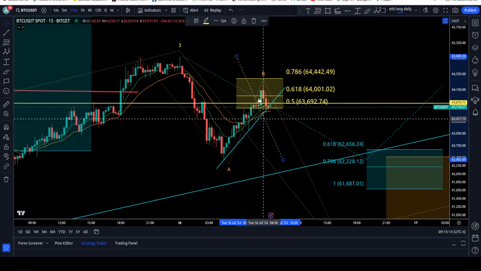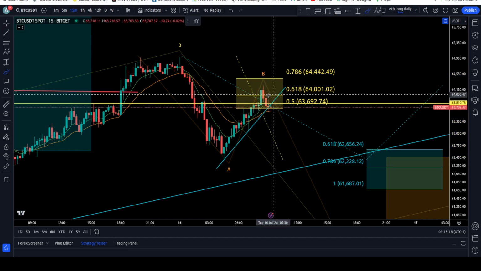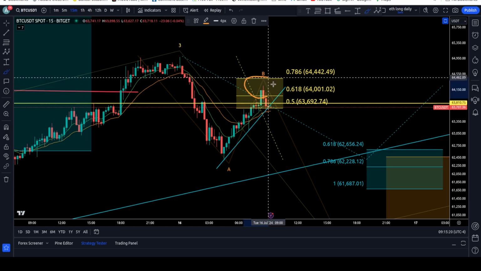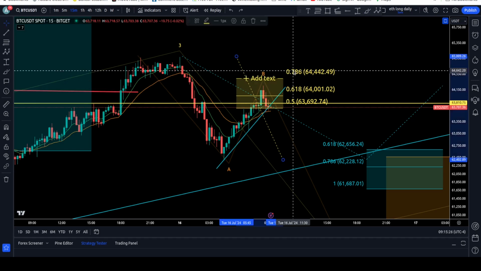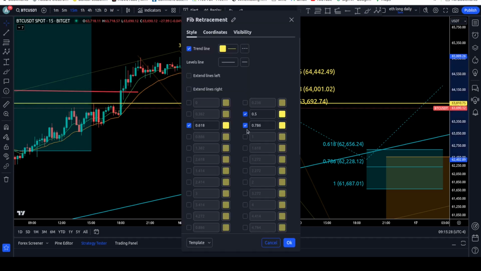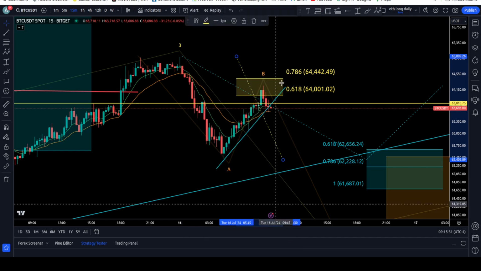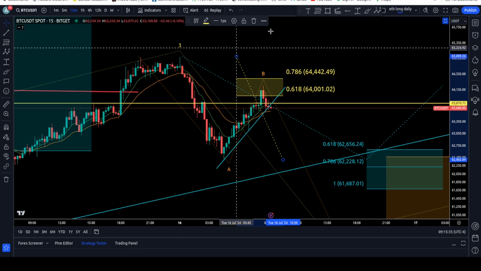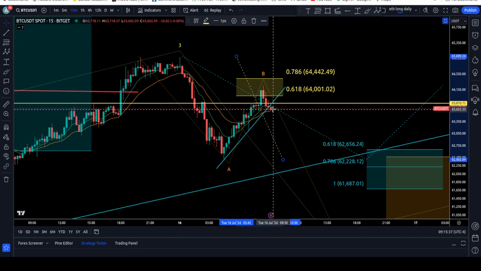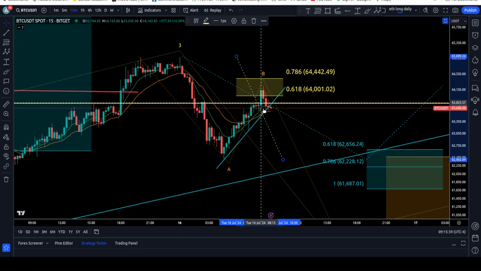This is the level where ideally a wave B would go, and you can see that it did go there, right? So now to make a clean chart, I can take out the 0.5 fibs. Once again, wave B can go higher, can even make an overshooting wave B. This is why B waves are very hard to size.